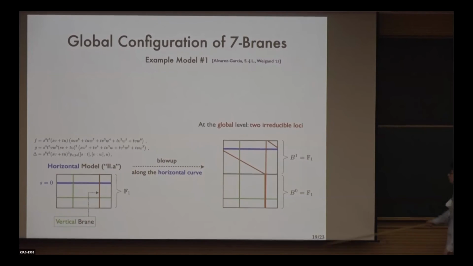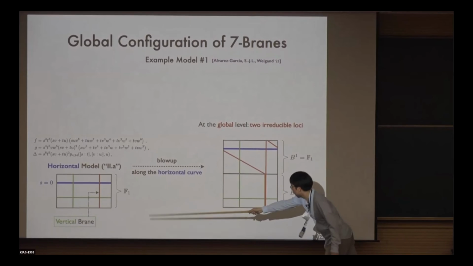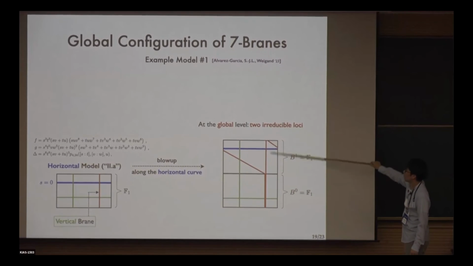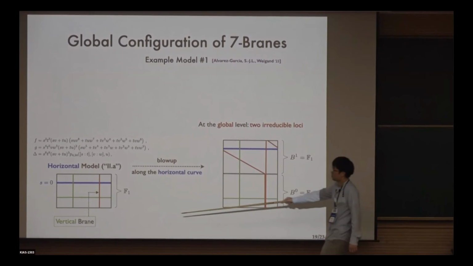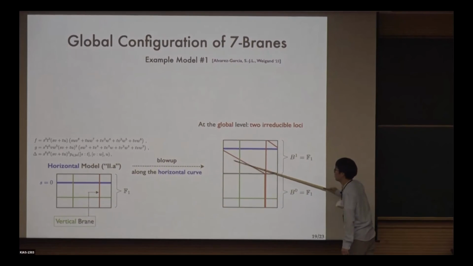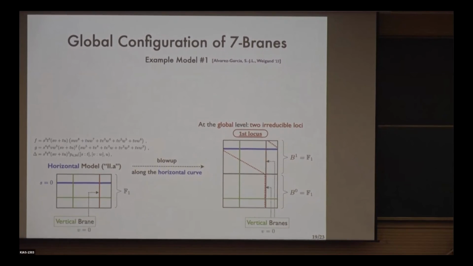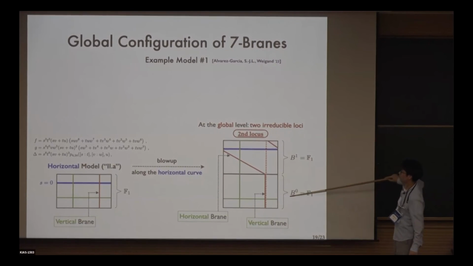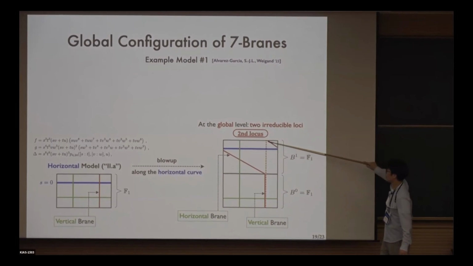However, this other vertical brane, strangely, will turn into 2 irreducible loci at the global level after the elongation. In case you wonder why and how such a formerly vertical brane could also extend along the horizontal direction, these are two irreducible loci. The first locus is just a purely vertical extension, and the second locus is vertical, at least on the 0th component, but horizontal on the first component.